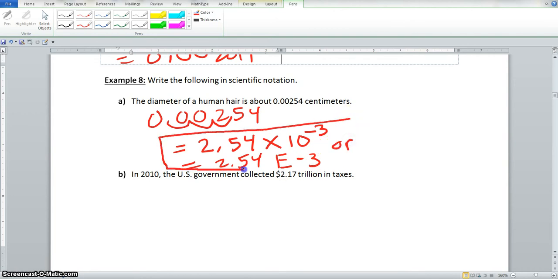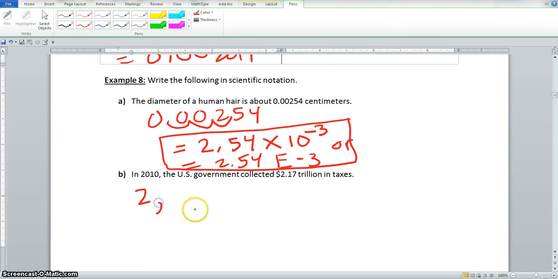Now, I don't know if my math lab accepts both, but if you try one and it doesn't work, then try the other. Now it says in 2010, the U.S. government collected 2.17 trillion in taxes. Okay, now what we need to do is write this out in trillions of dollars first before we can do scientific notation.